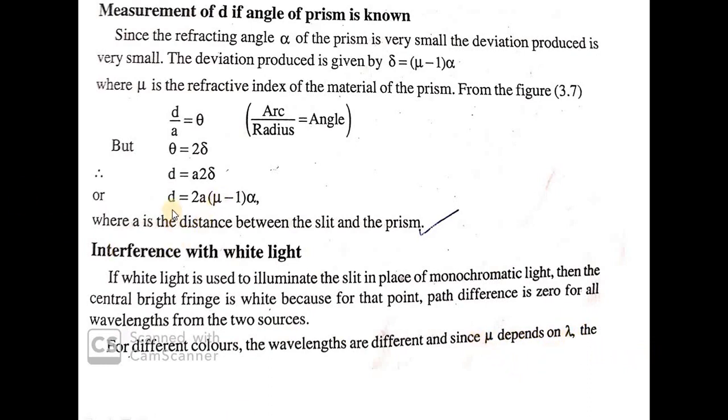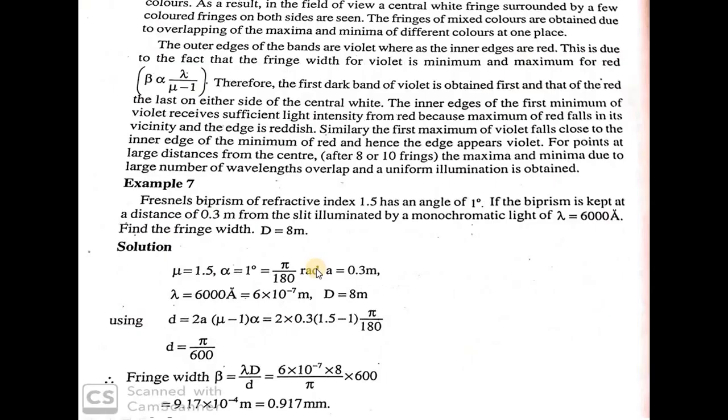When mu changes, the distance between these two coherent sources changes, and everything changes. And on either side of the central white fringe, we will get fringes of mixed colors, since we are having white light. Okay, hope that is clear. That is the change in the interference pattern observed when white light is used.